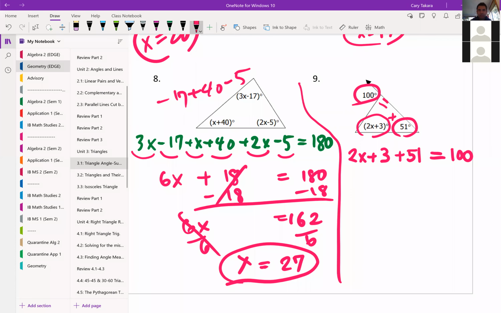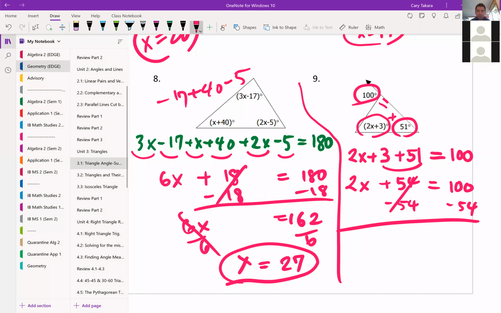Okay? 2x plus 54. Again, they're on the same side, so I'm just going to add that together. Let's subtract 54. So 2x equals 46. Then divide by 2. So x equals 23.